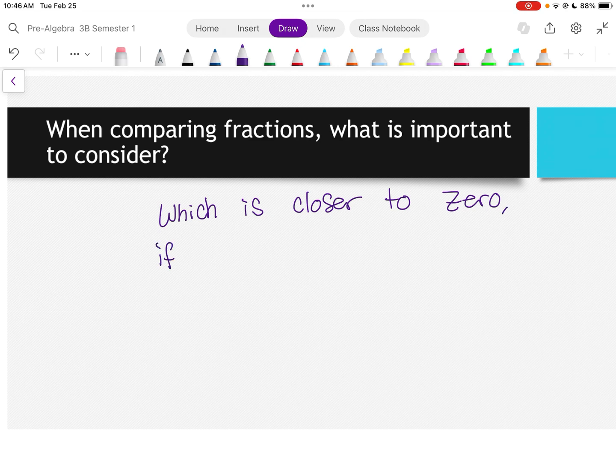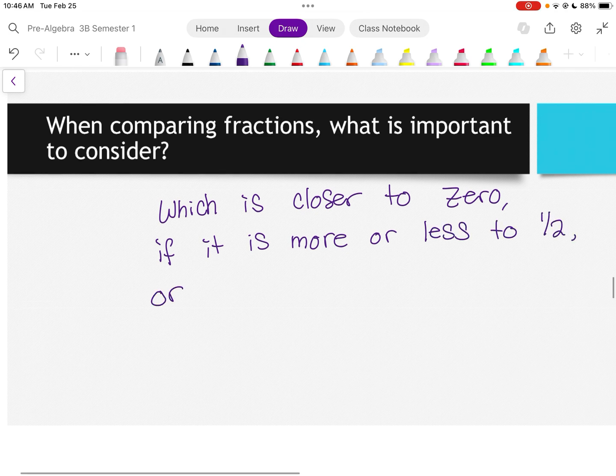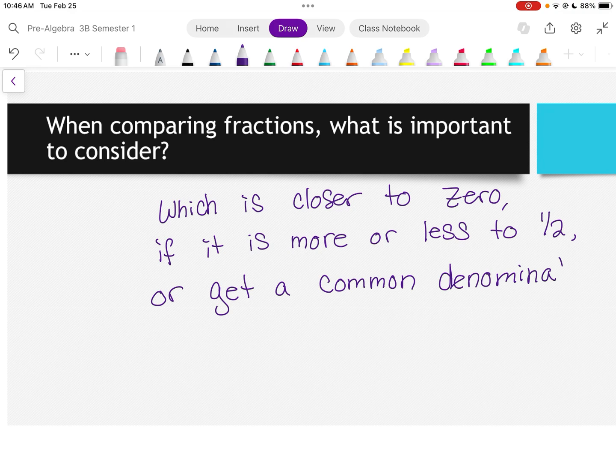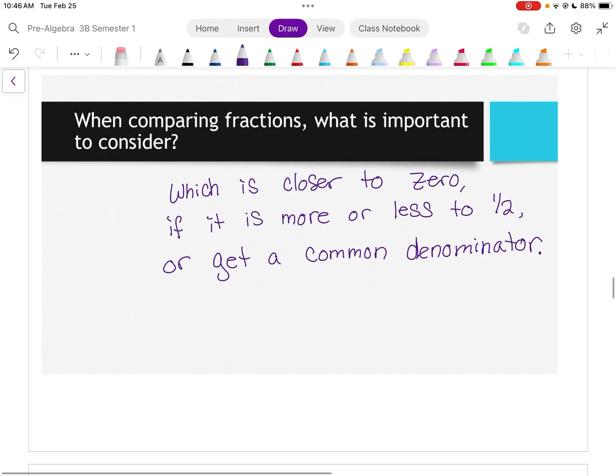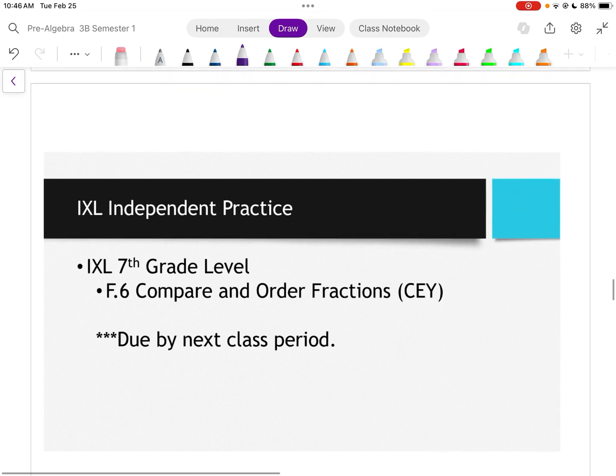If it is more or less than 1/2. Or you can get a common denominator. So those are all things you can do when you are comparing fractions.